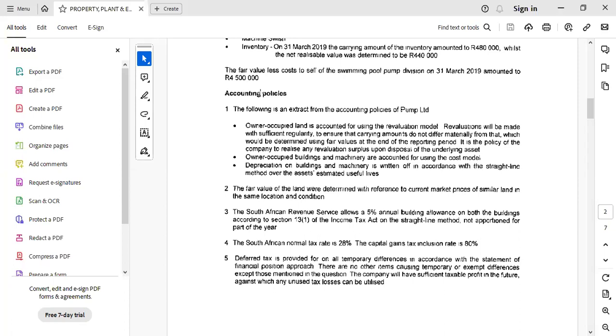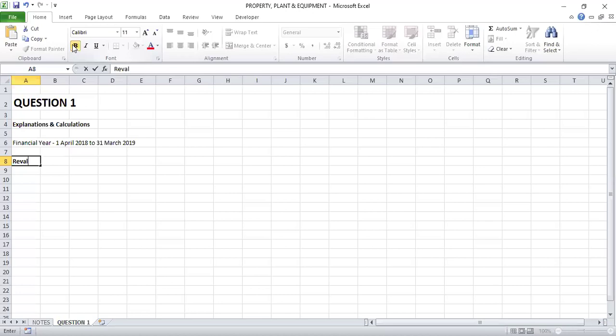Right. So what is the revaluation model? We're saying revaluation model, and this is being done on land. That means the land is revalued at the end of specified periods.